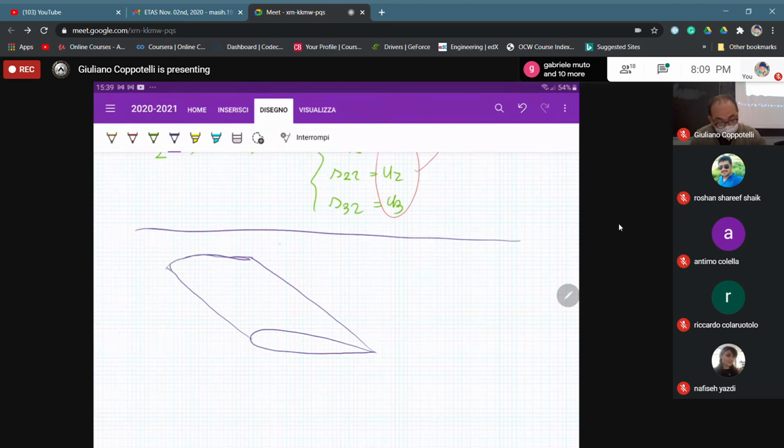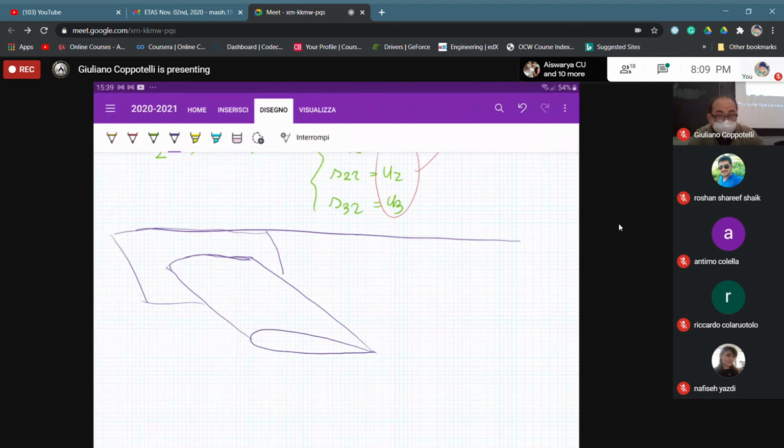Then we have the boundary condition, for example something like that, that is mimicking the connection with the fuselage or the rotor hub, it doesn't matter.